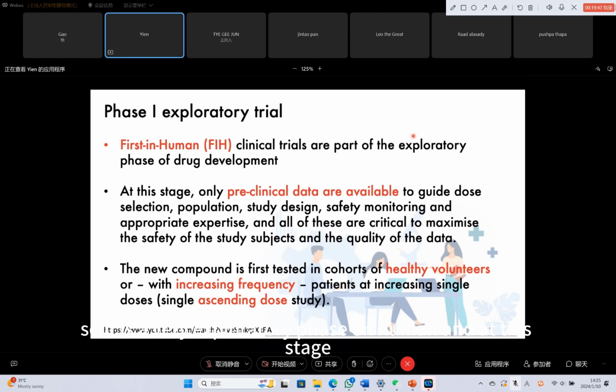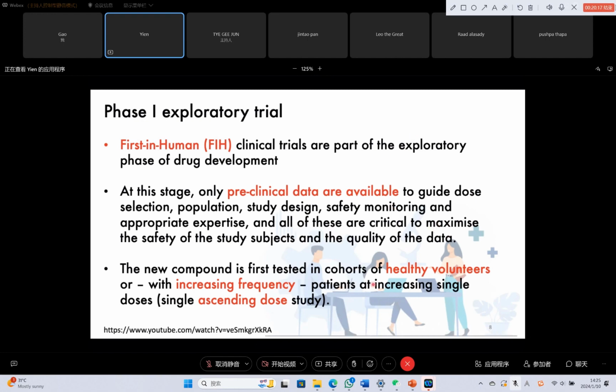And at this stage, only preclinical data are available to guide the dose selection, population, study design, and safety monitoring. So appropriate expertise is very important for us to maximize the safety of the study subjects and quality of the data. These new drugs or new compounds that we are testing are usually tested on healthy volunteers with increasing frequency and ascending dosage.